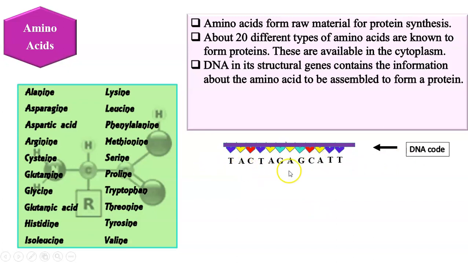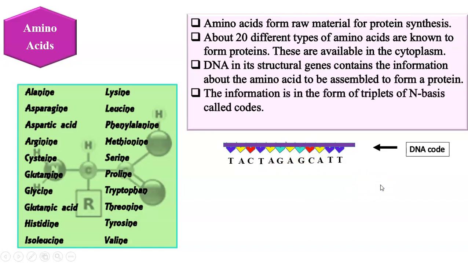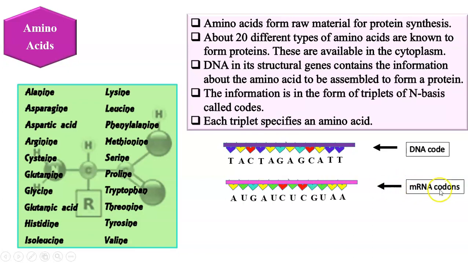This is called the DNA code and it is in the form of triplets of nitrogen bases. This information is there in the nucleus in the DNA and it is taken from DNA by a single-stranded RNA called messenger RNA. So here we can see the messenger RNA.